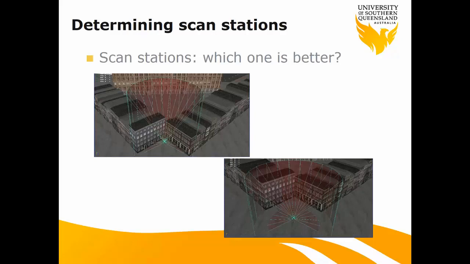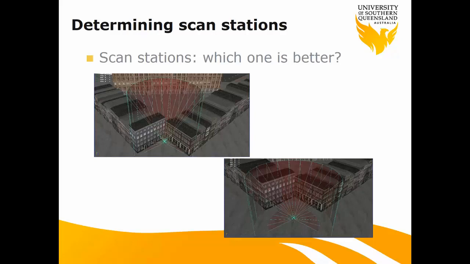Quickly have a look at this. Scan station: for the same scanning object, this building, you can set your instrument in a different location. For example, in these two pictures, in the first one, you set the instrument very close to the building.